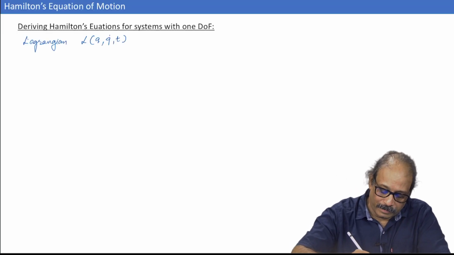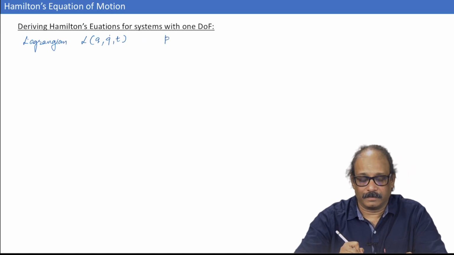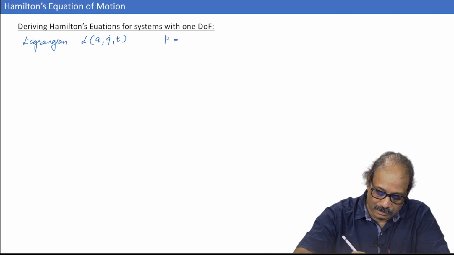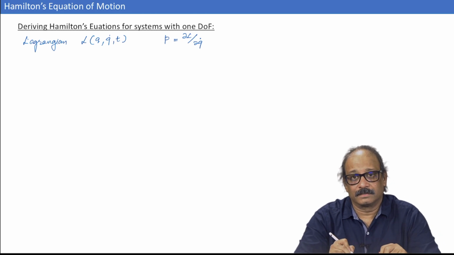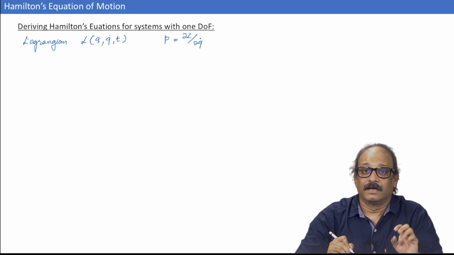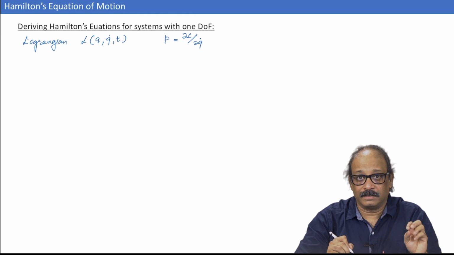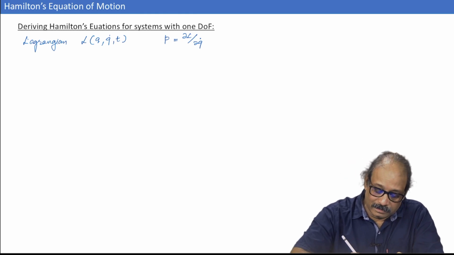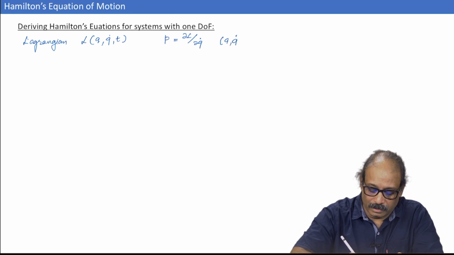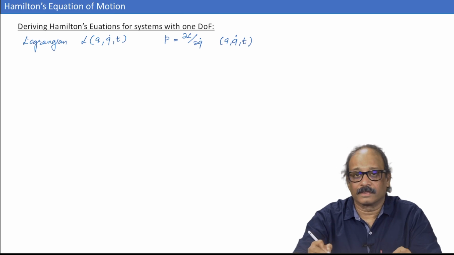Now, remember, generalized momentum p was defined as del L by del q dot. Okay. This perfectly fits with the idea of Legendre transform we had described earlier, but this p of course will be function now of q, q dot and t.